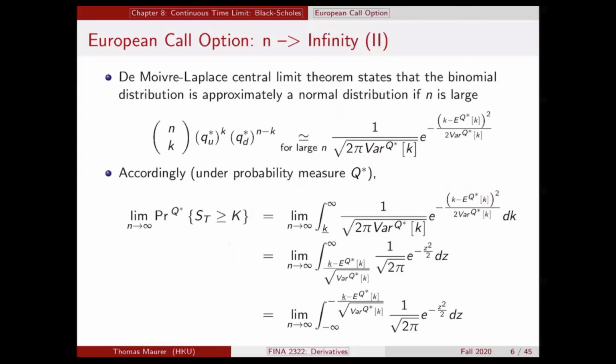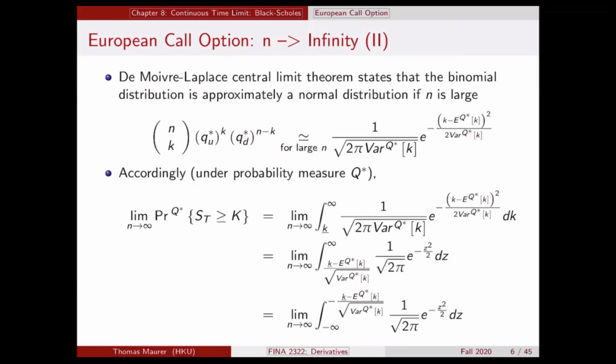In the case where z has a variance of 1, we didn't have to worry about the term down here. But in our general case in the binomial tree, the variance of our k variable, the thing which counts how many up movements you have in your tree, may not be equal to 1, so we have to account for that in that formula over here and also in the exponent.